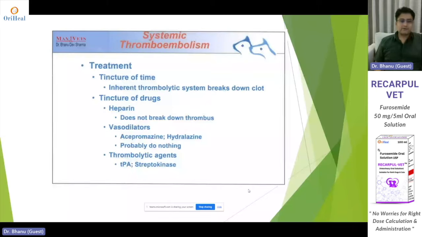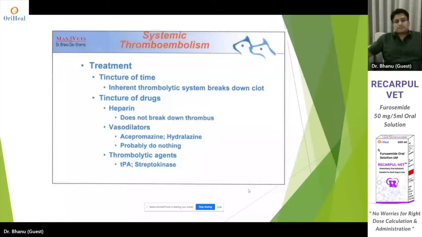But you have to be very, very prompt, and it has to be the first 6 hours of treatment which would matter. And they sometimes can recover. But if it goes beyond the first 6 hours, then the chances of any recovery would be very, very bleak.